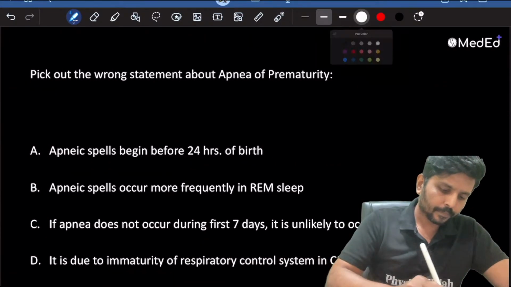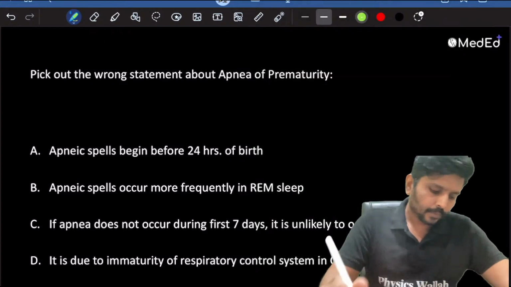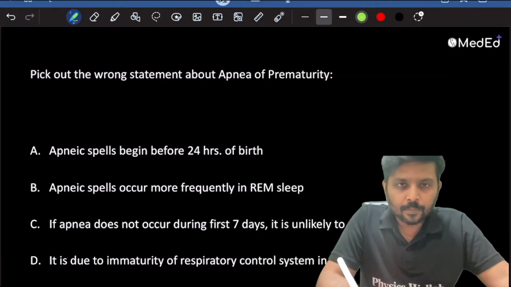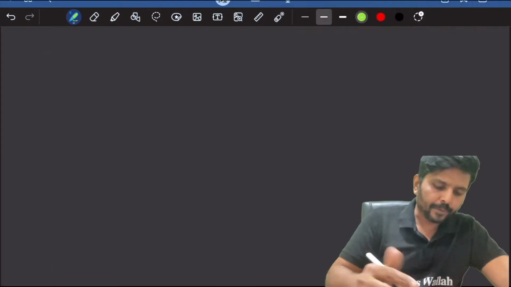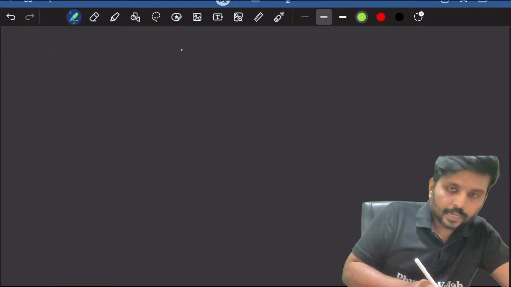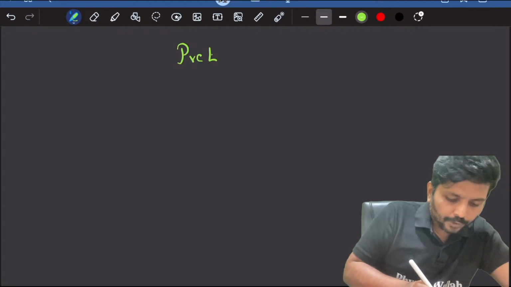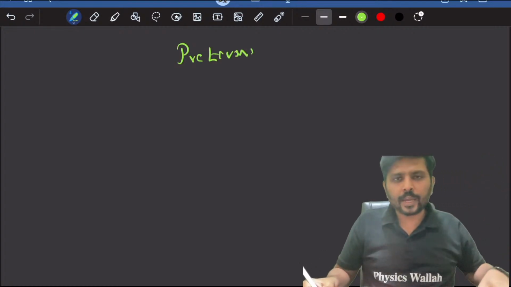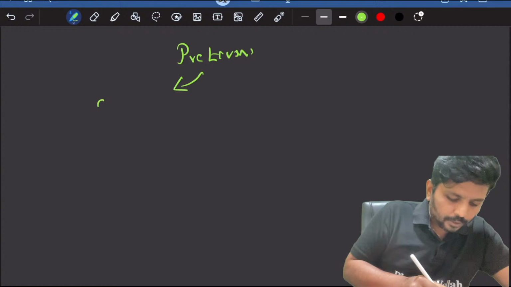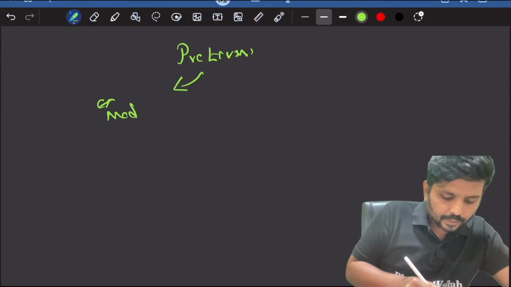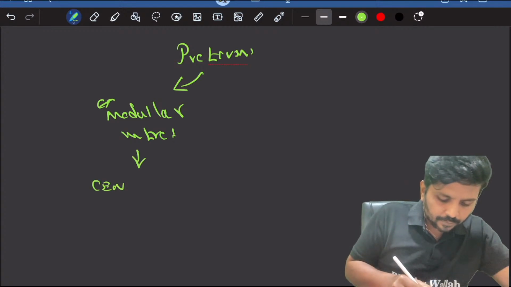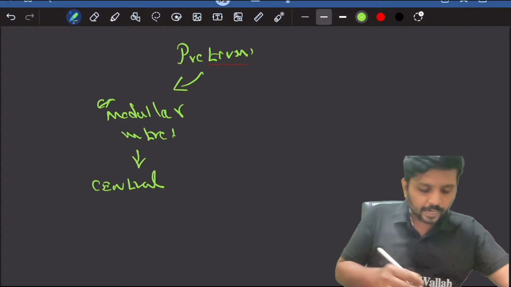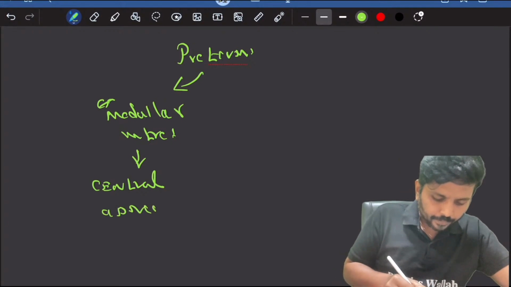Next. What is the next question? Pick out the wrong statement about apnea of prematurity. So what is apnea of prematurity? Any preterm is prone to apnea of prematurity. Why? Because the medullary center is not fully formed. As a result, the signals from the central will not arise, leading to central apnea.